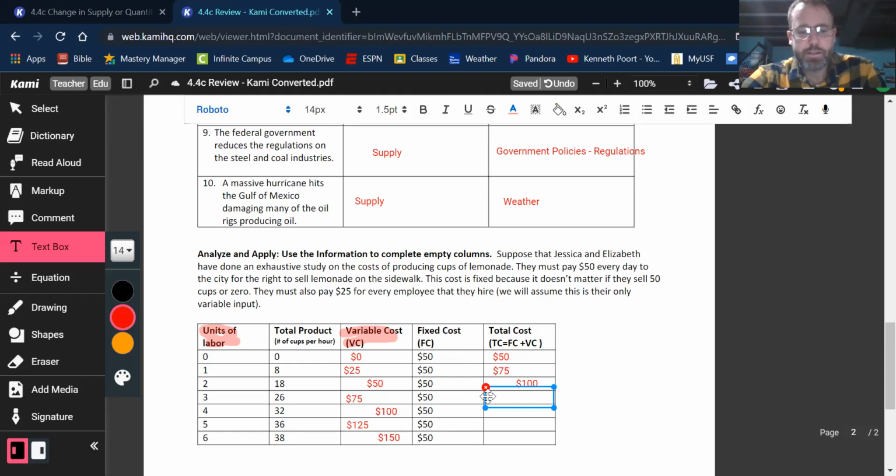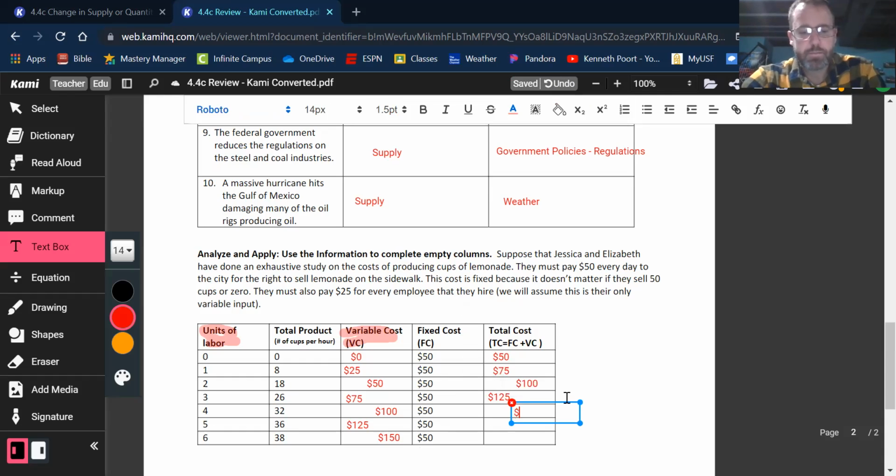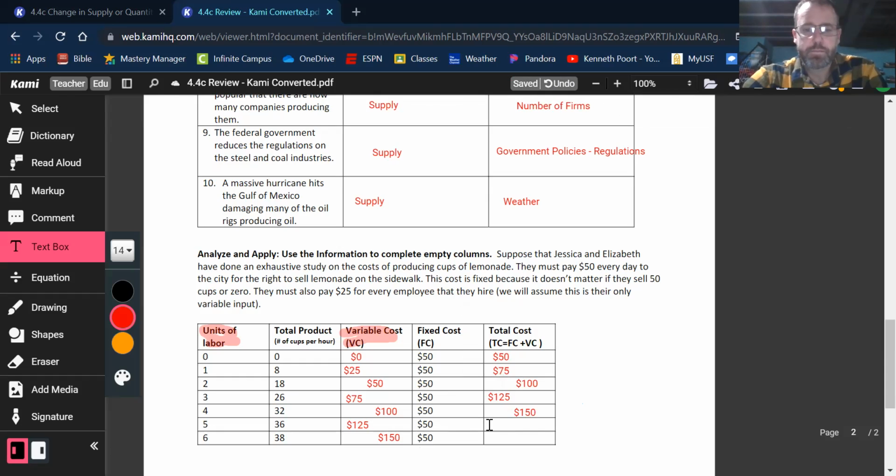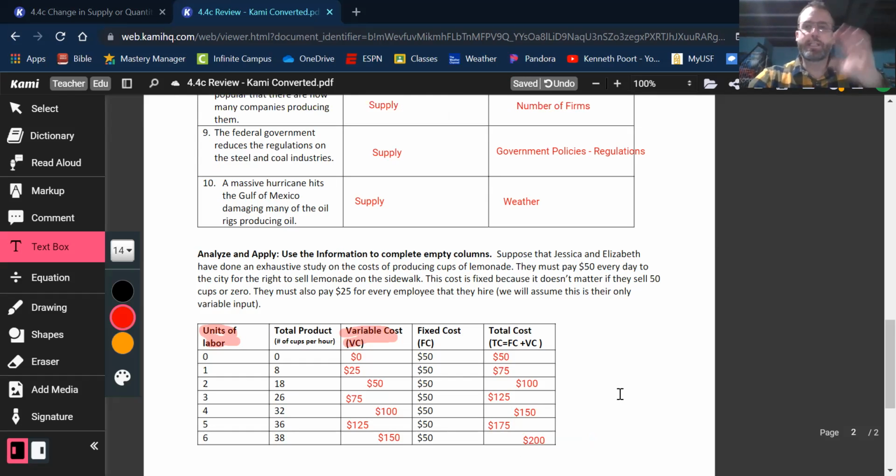We got 125. And you can see the increments were going up right now. Okay.